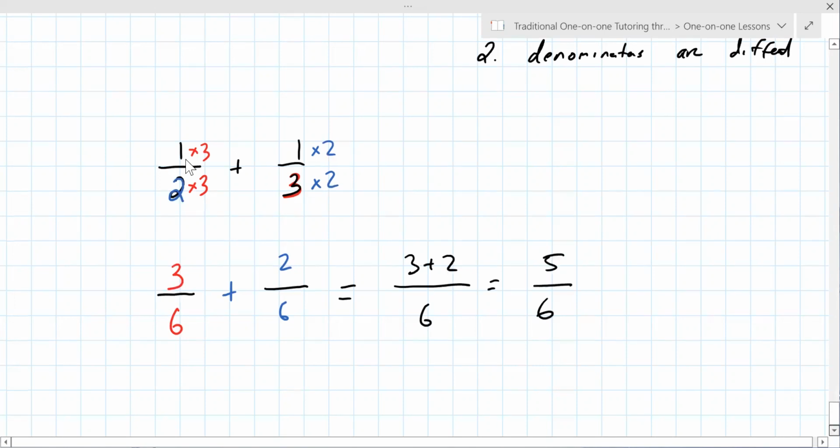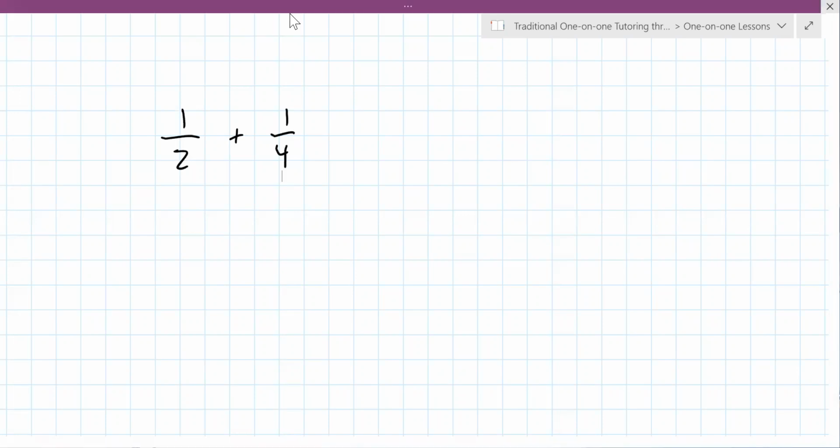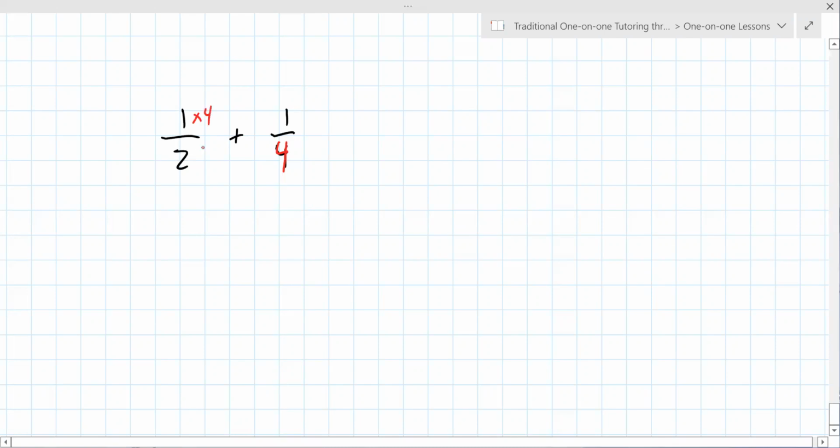Let's look at another example. Let's say I wanted you to add 1/2 plus 1/4. You take the 4 and multiply the 1 and the 2 by 4, and that becomes 4/8. 1 times 4 is 4, 2 times 4 is 8.